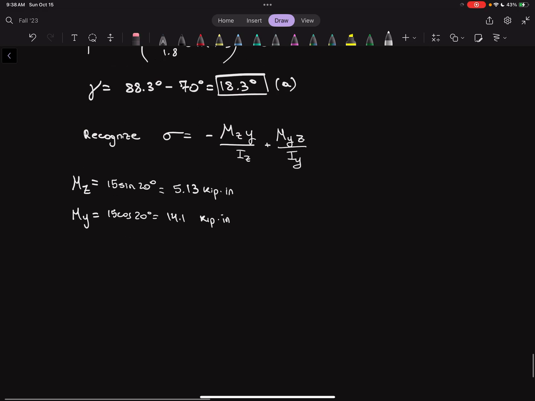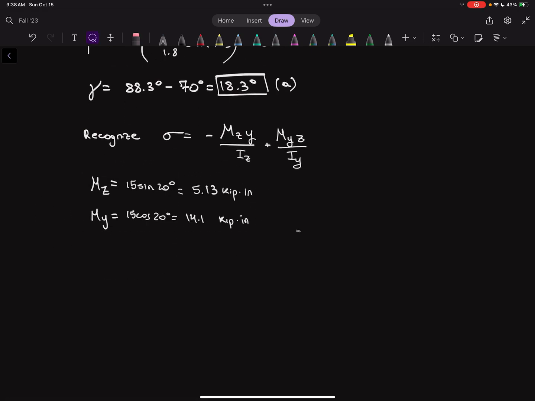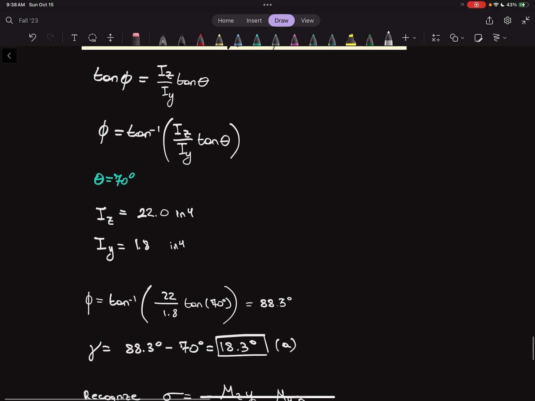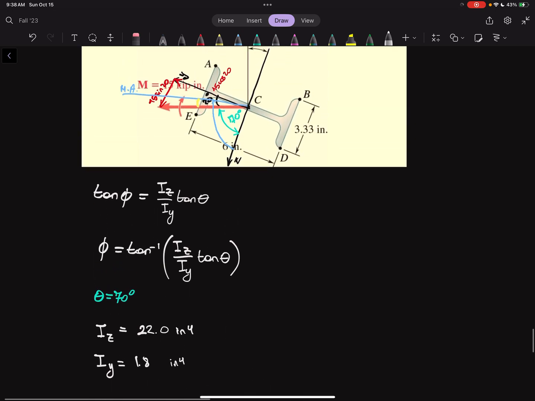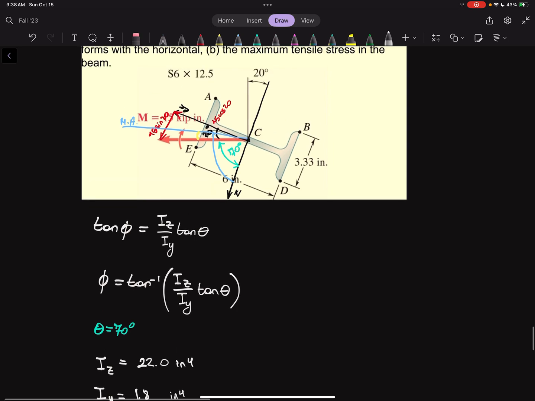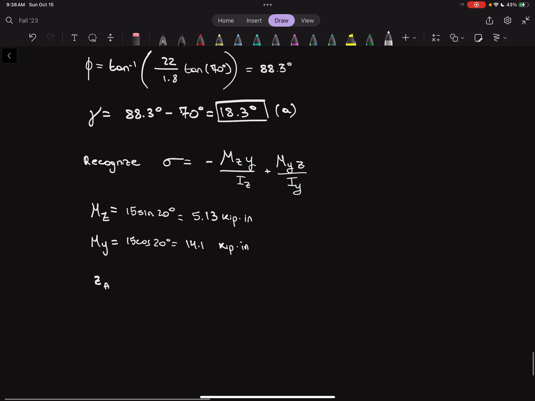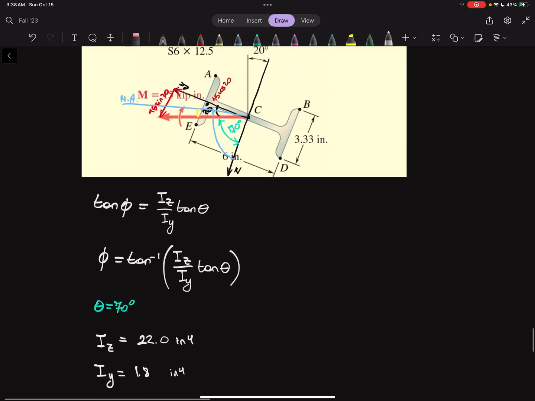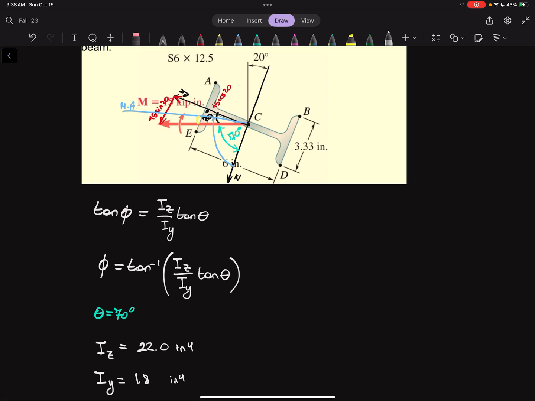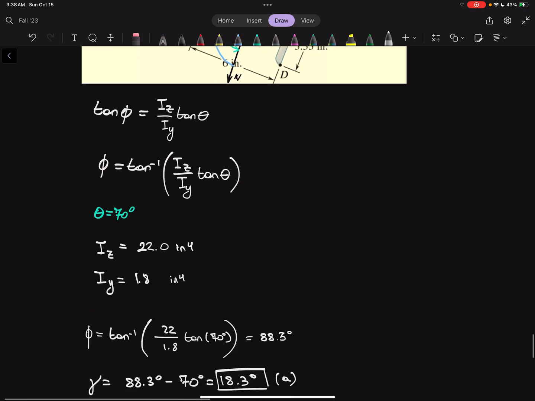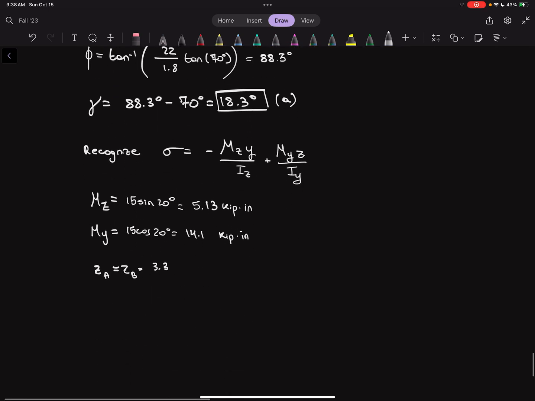And now that we have that, all we need to find is the different distances. So we have A, B, E, and D. Along the z-axis, ZA and ZB are the same, and they're negative, and they go half of 3.33, so 3.33 divided by 2 inches.